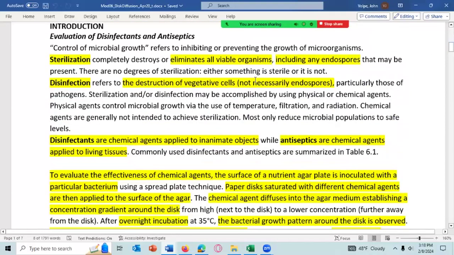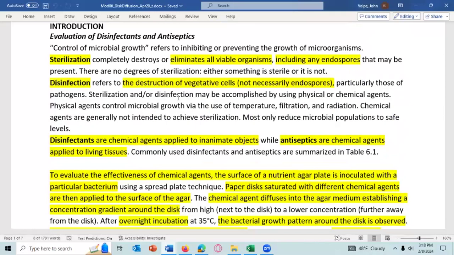All right. So in some terms, sterilization refers to the elimination of all viable organisms, and this does include endospores. Normally in the microbiology lab, when we give you sterile media, the reason why it's sterile is because it has been stuck in the autoclave.